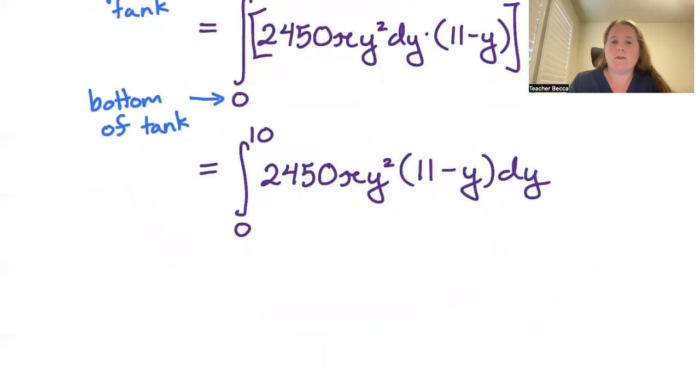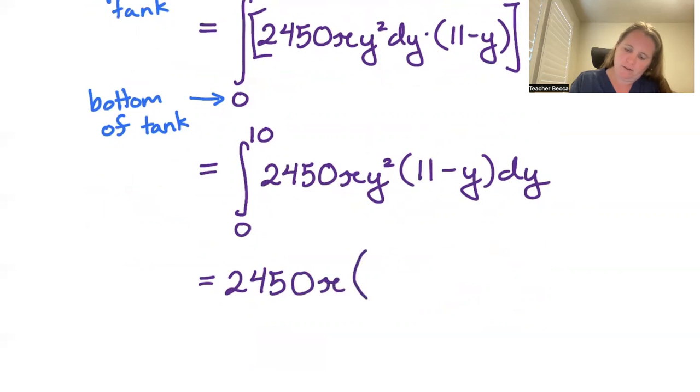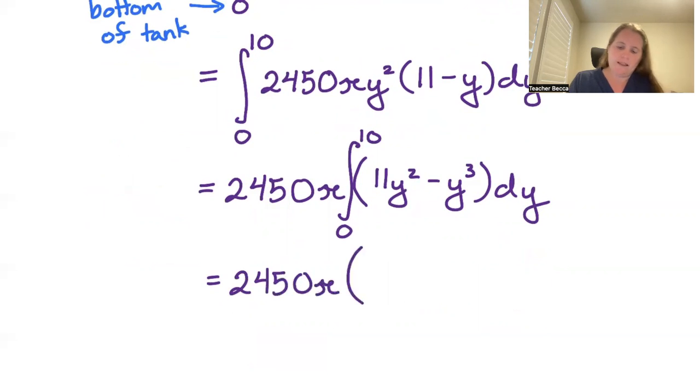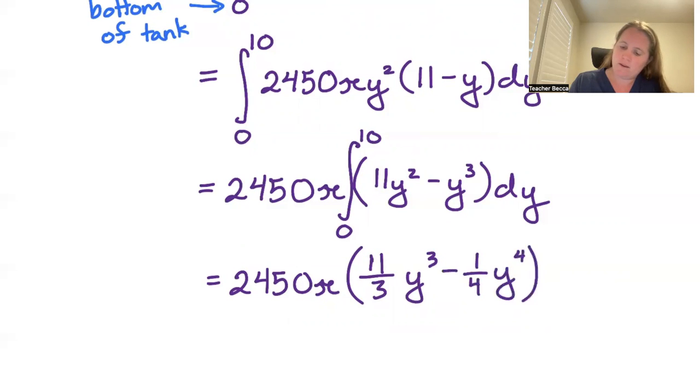At this point, we just have another polynomial. So this is 2,450 pi times the integral from 0 to 10 of 11y squared minus y cubed dy. Taking that integral, we are looking at 2,450 pi times 11 thirds y cubed minus 1/4 y to the 4th, evaluating from 0 to 10.